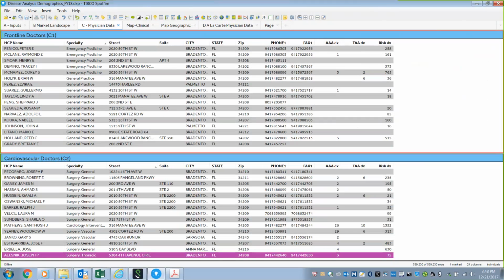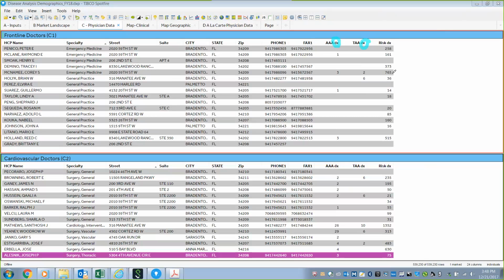As a reminder, I do want to say a couple of things about AAA diagnoses and thoracic diagnoses. We have to remember that these are diagnoses of ICD-10 claims.